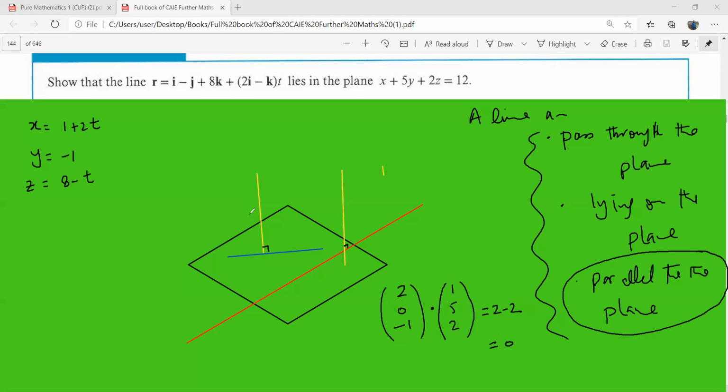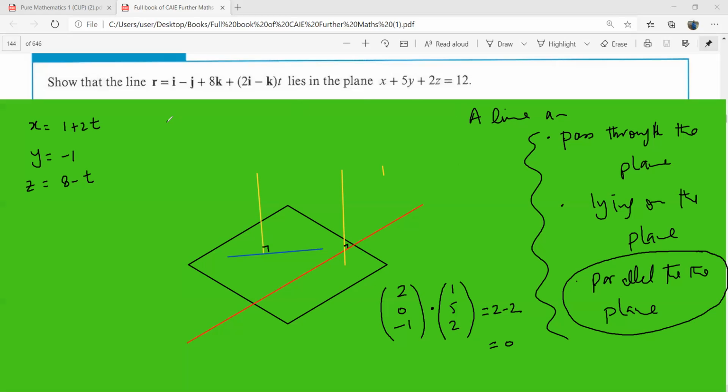So how would you determine if the line really lies on the plane? Guys, you will have to substitute x, y, z into the equation of the plane. In fact there are two ways of doing it. The first method is you just substitute this x, y, z into the equation of the plane.